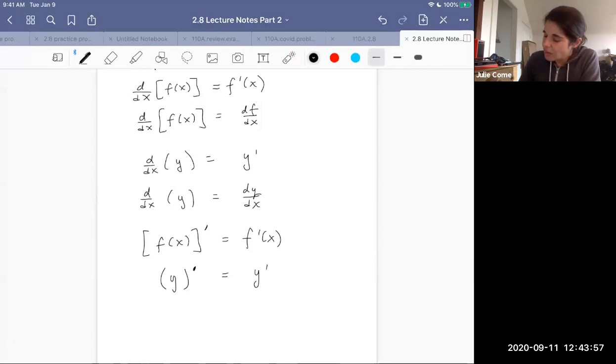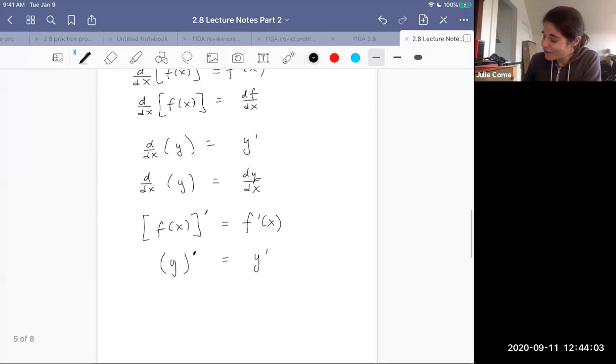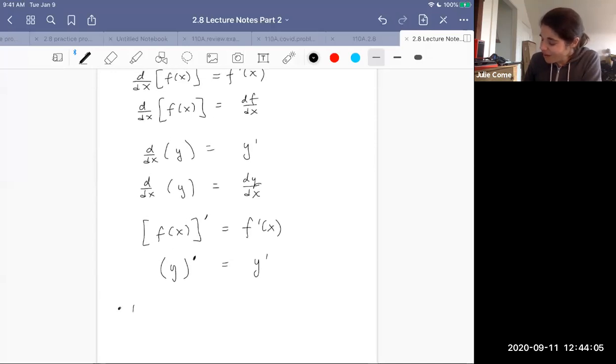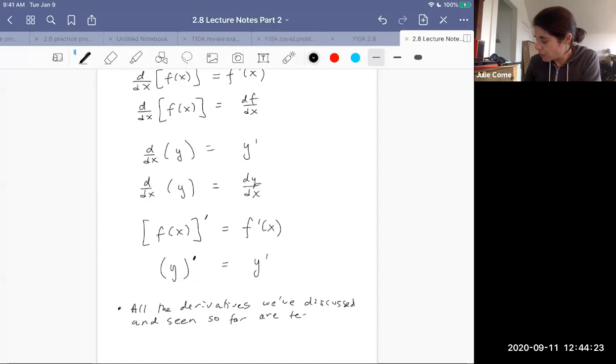Well, the first thing I want to say is that whenever we talk about derivatives like we have so far, all the derivatives we've talked about and seen so far are technically first derivatives.